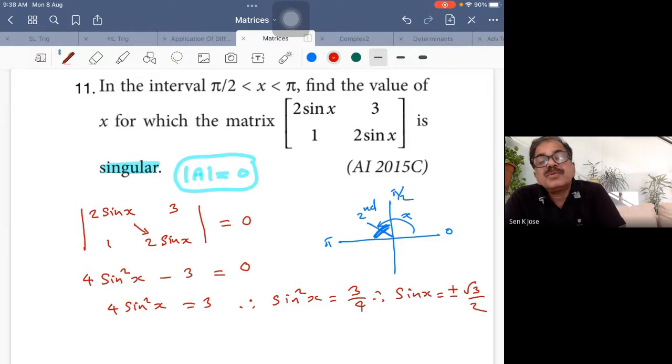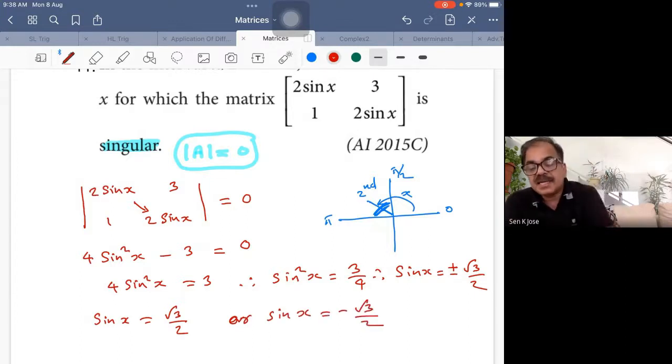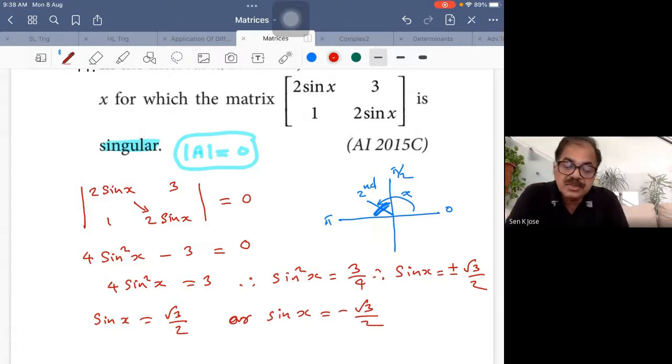Taking square root, 3 and 4 becomes 2. So there are two cases, sin x is equal to root 3 by 2 or sin x is equal to minus root 3 by 2. But we can see that your x is in the second quadrant. See, don't forget that x is in the second quadrant.